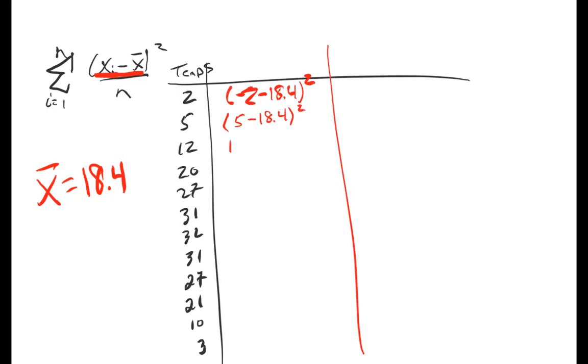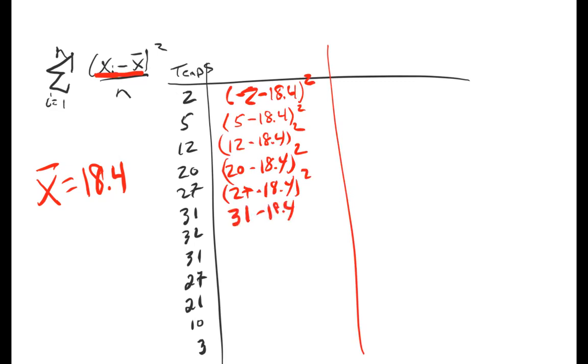Then 12 minus 18.4, 20 minus 18.4, 27 minus 18.4, 31 minus 18.4, and 32 minus 18.4, each squared.